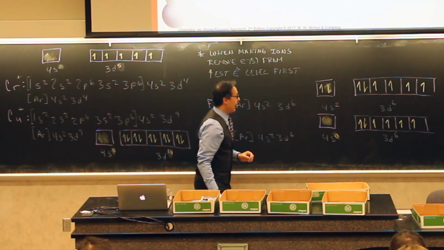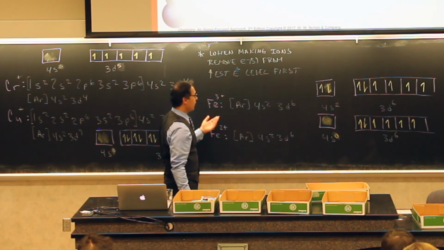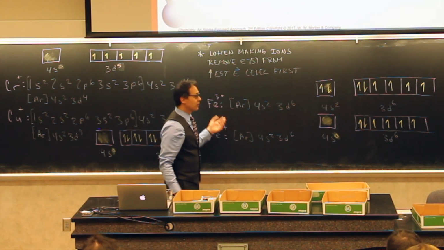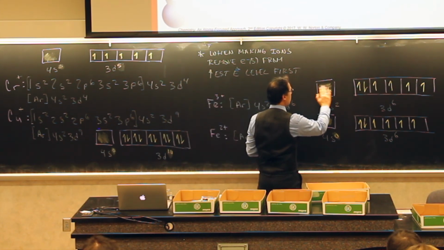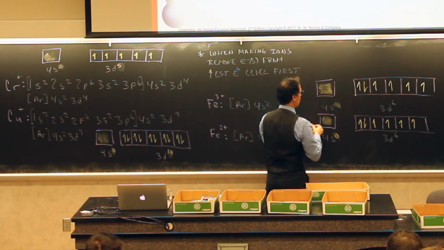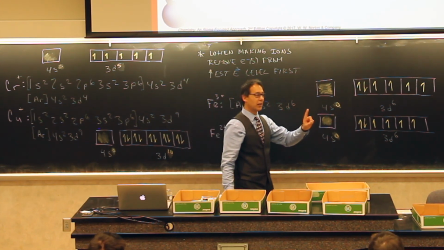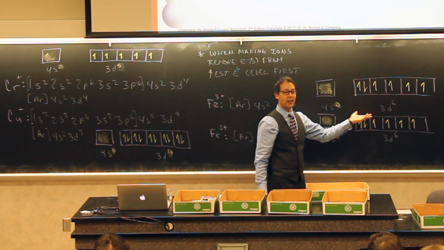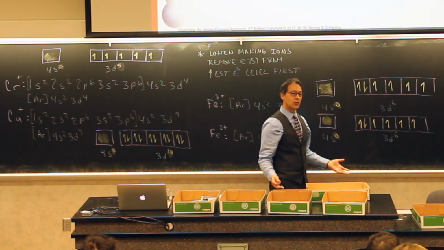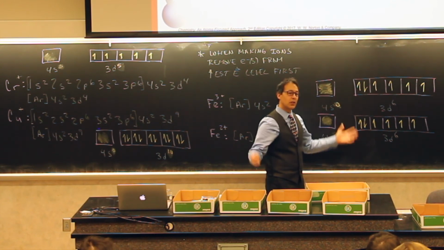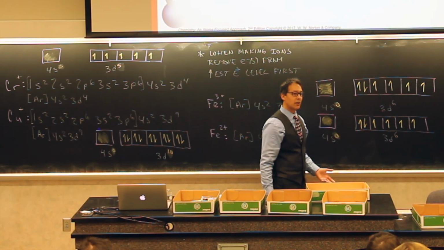And then iron also makes a 3+. So we're going to take away 2 electrons here, and then one more electron comes from the d orbital. Which one? The down one, right? One of these 6 is not like the other.